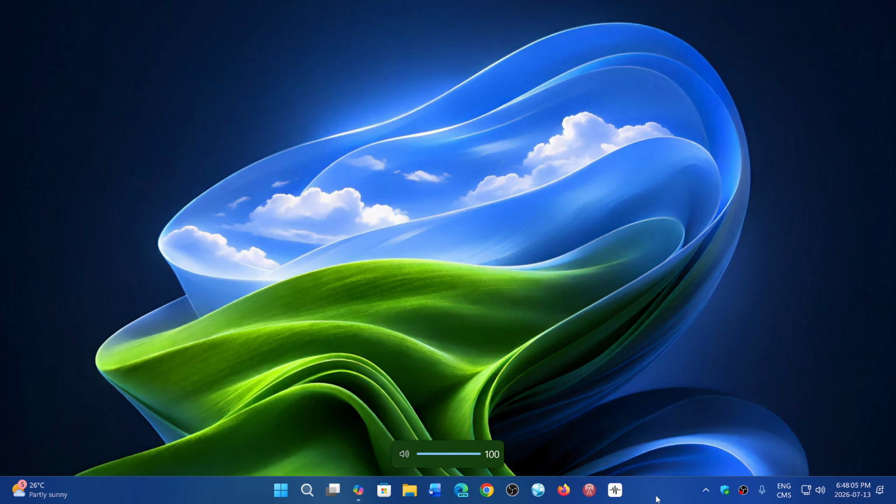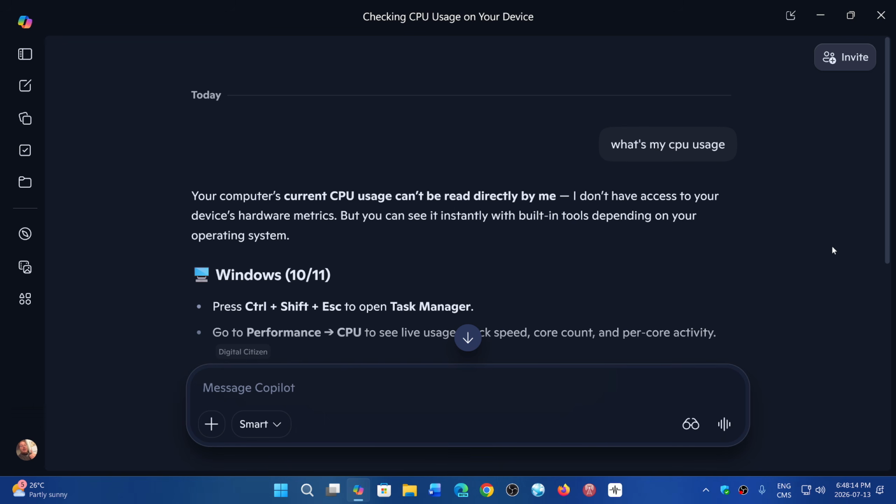Something that is starting to roll out and being tested in the United States for now, and eventually will expand to other countries, is something that could be useful, and it has to do with Copilot. Copilot will have a mode called PC Insight, and the PC Insight mode is going to be used in order to look at your system, and you'll be able to ask questions.